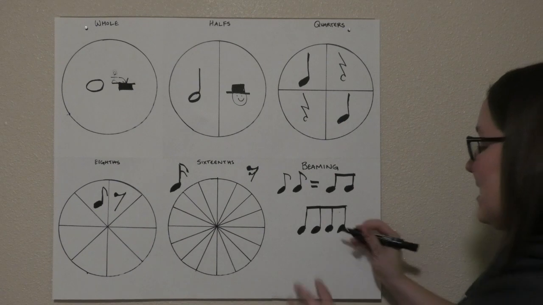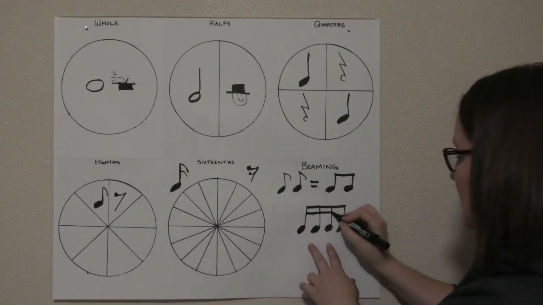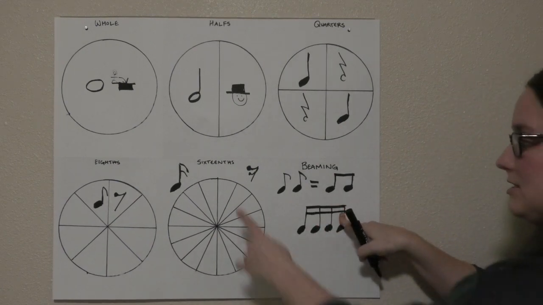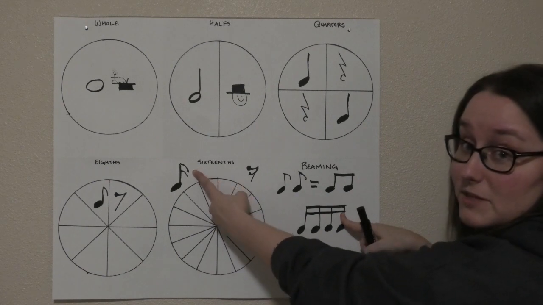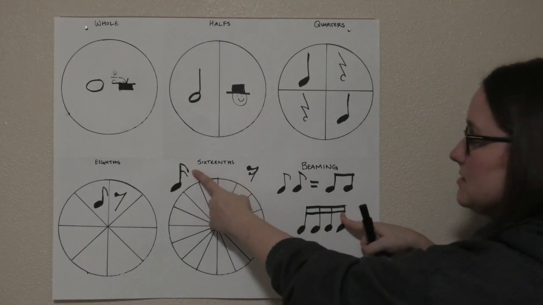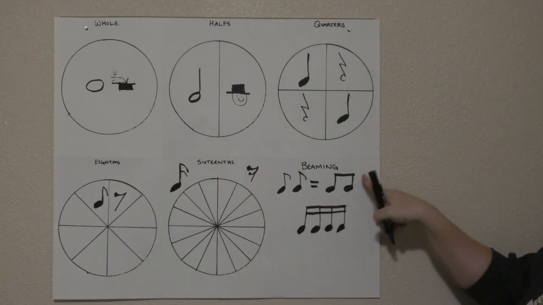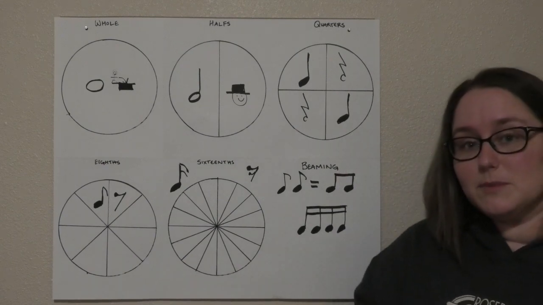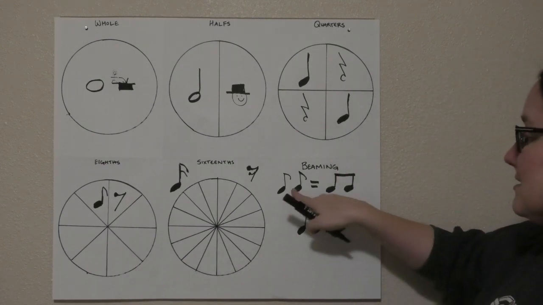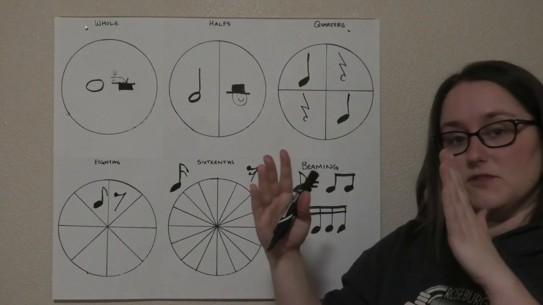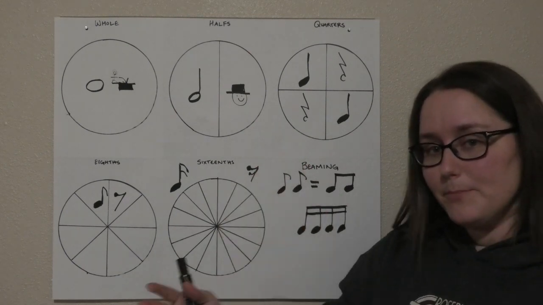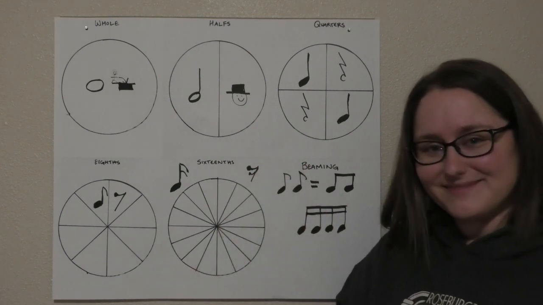You've got to have a second beam across the top to match the 2 flags from the original single 16th note. Okay, so 16th notes, eighth notes, that's how you beam them together. Now you will probably see some eighth notes beamed in groups of 3 when you're in 6/8 time, but we'll cross that bridge when we come to it.